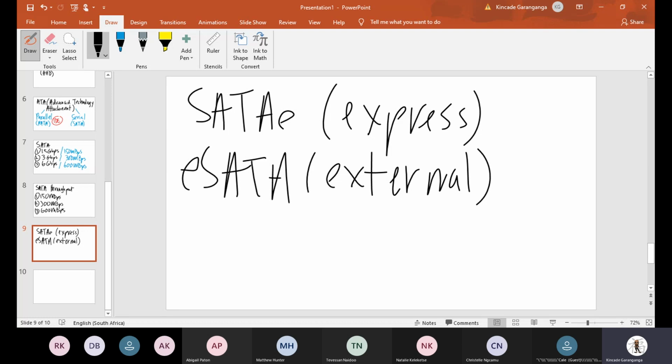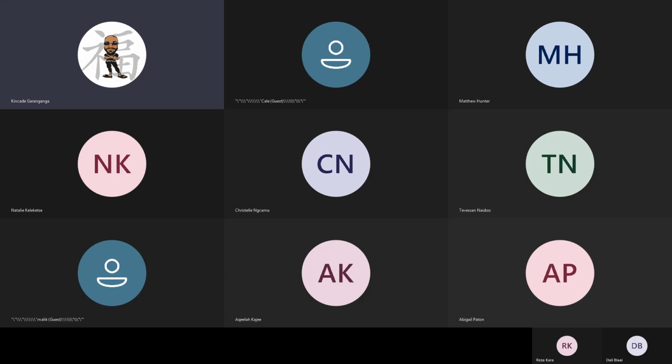External SATA just means that it's an external port that you can use to connect to these drives. If you want to look at what that looks like, we've got something along these lines.